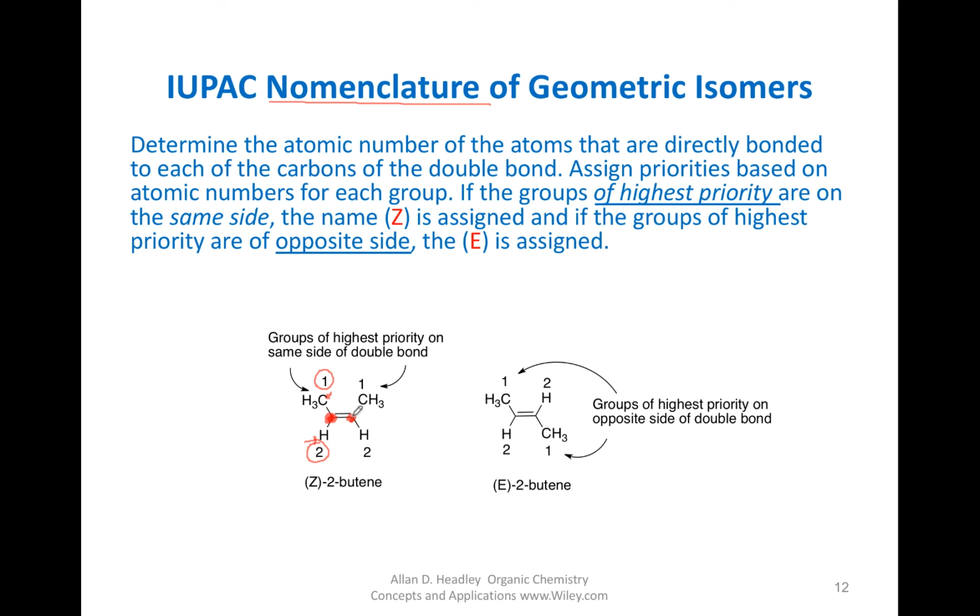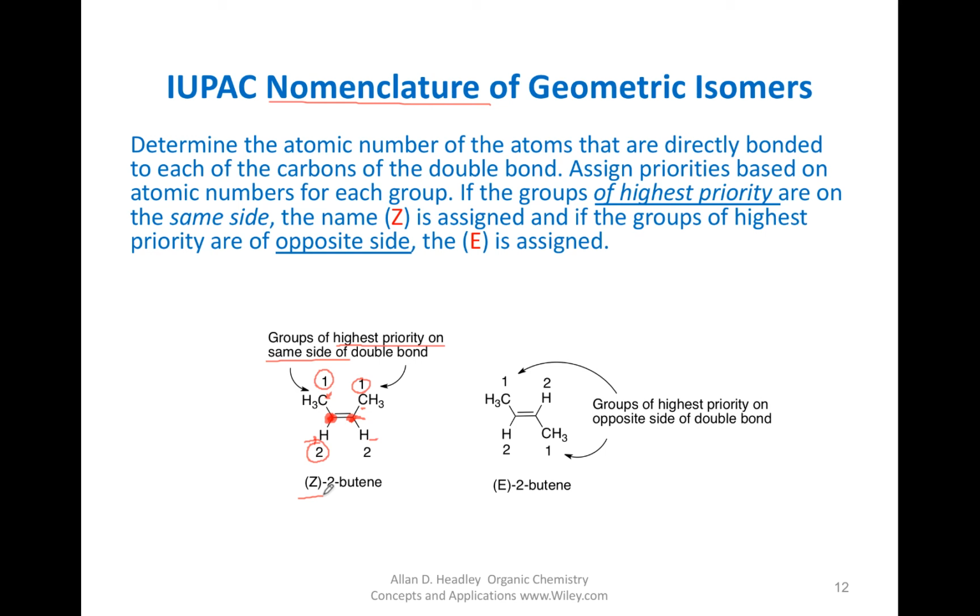So the atoms that are bonded to this carbon here are a carbon, atomic number 6, and a hydrogen, atomic number 1. So this gets priority number 1. Okay, here's where it becomes very important. If the groups of highest priority are on the same side, you put a Z.